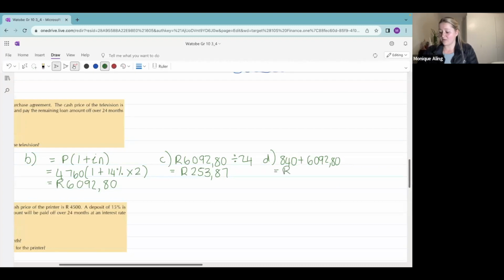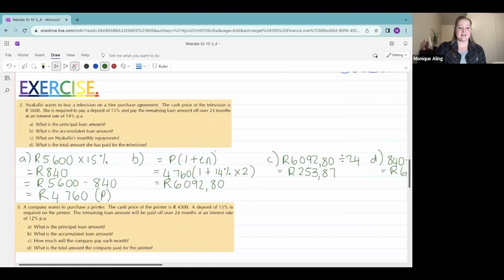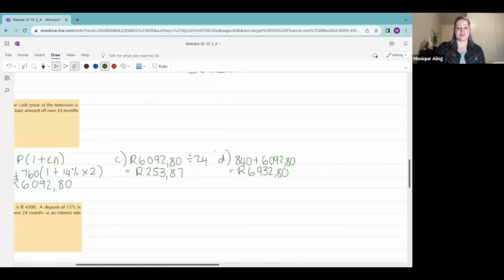So all in all for this TV, she's going to be paying 6,932.80. Again, the TV started off at 5,600. So the original amount was 5,600 for this TV. Can you see how much it went up by because of interest?